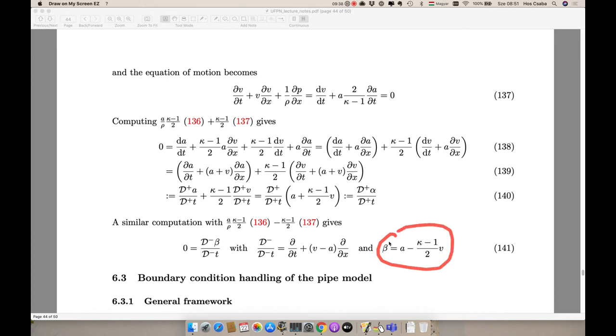So this quantity here is alpha: A plus (kappa minus 1) over 2 times V, and A minus (kappa minus 1) over 2 times V.